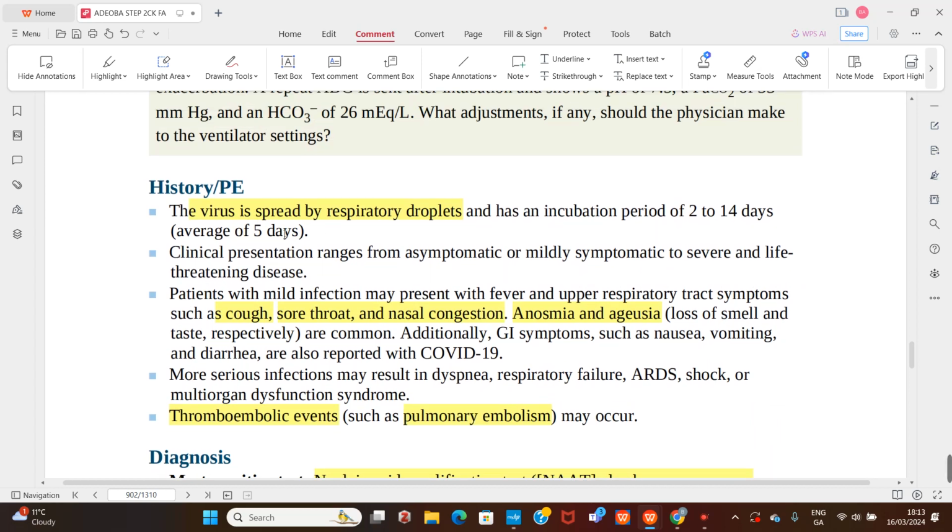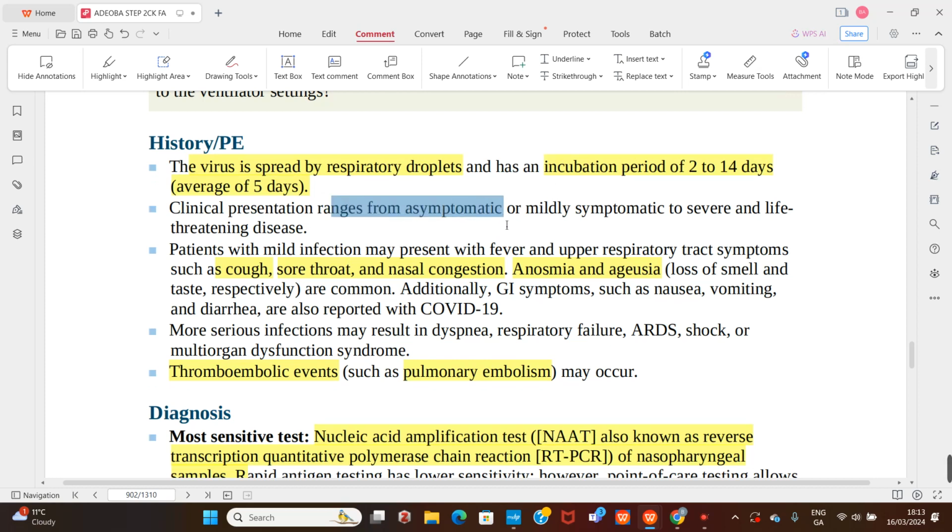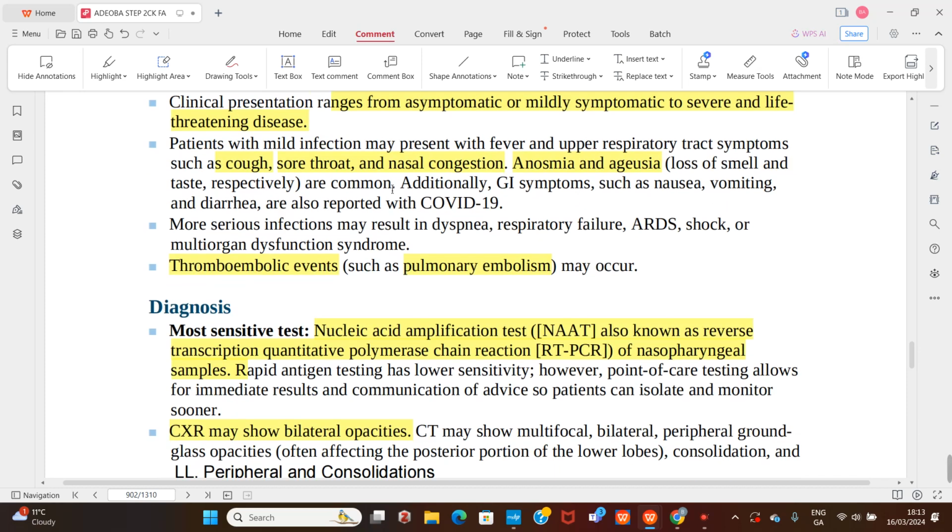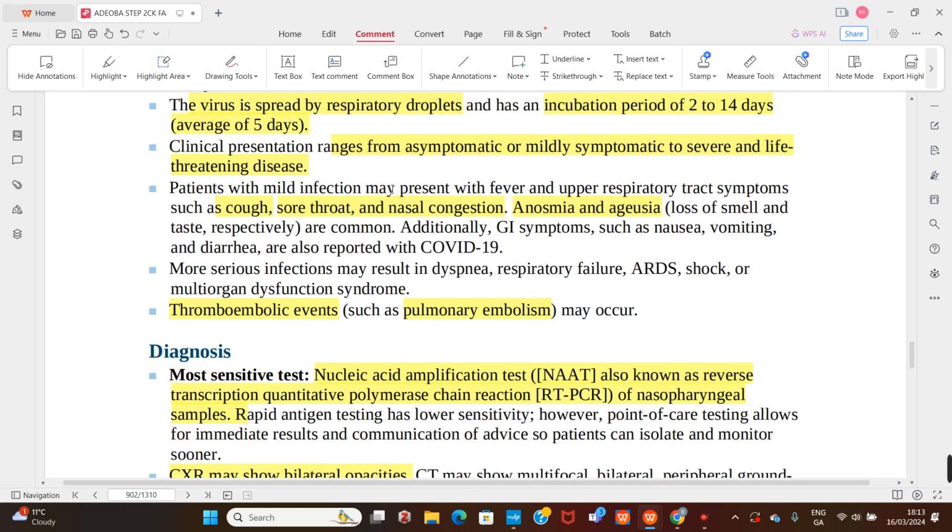The virus is spread by respiratory droplets. The incubation period is an average of 5 days. Depending on the immune status, it might be asymptomatic, or mildly symptomatic, or severely symptomatic, depending on the background immunity of that patient or the comorbidities the patient has.